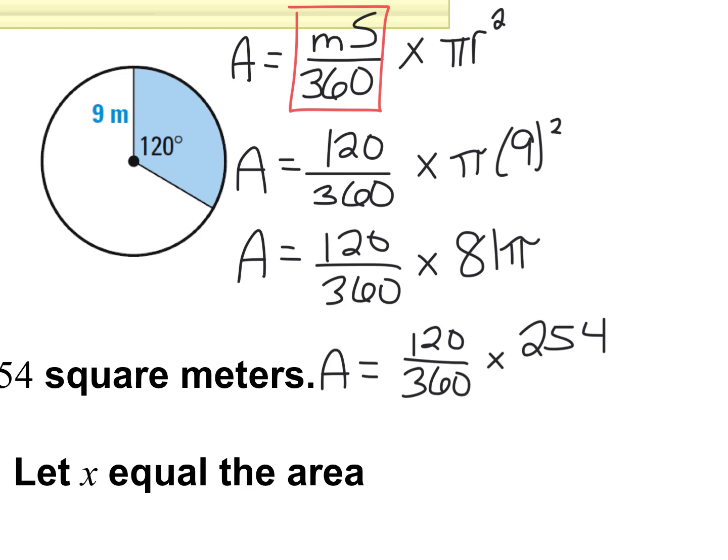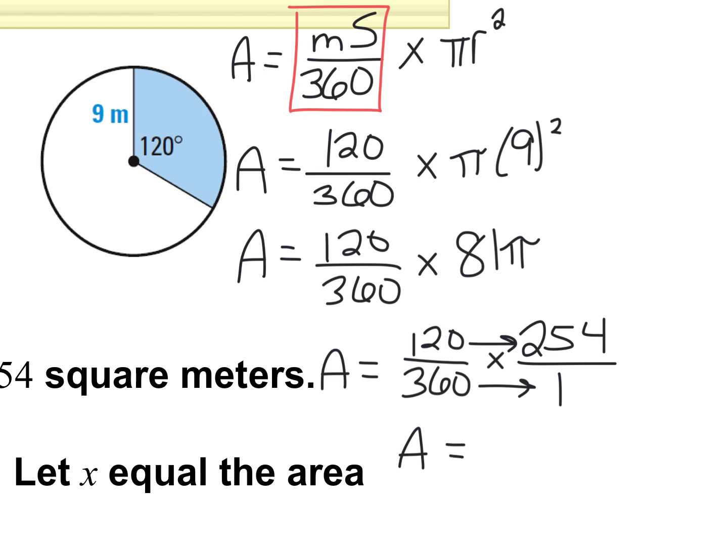How can I finish solving for the area of the sector? You're thinking cross multiply, you're close. Treat this as over 1. Now just multiply straight across. So take that 254 times 120. And then what would your last step be? Divide by 360. Yep. 120 times 254 divided by 360.